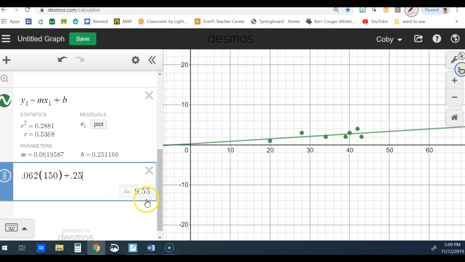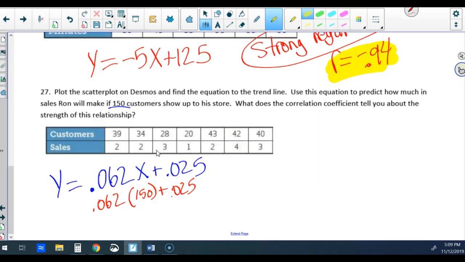That gives me 9.55. So about 9 or 10 sales. Technically it rounds up, so I will round it up to 10 sales. If 150 people come in Ron's building, we should expect to get 10 sales.